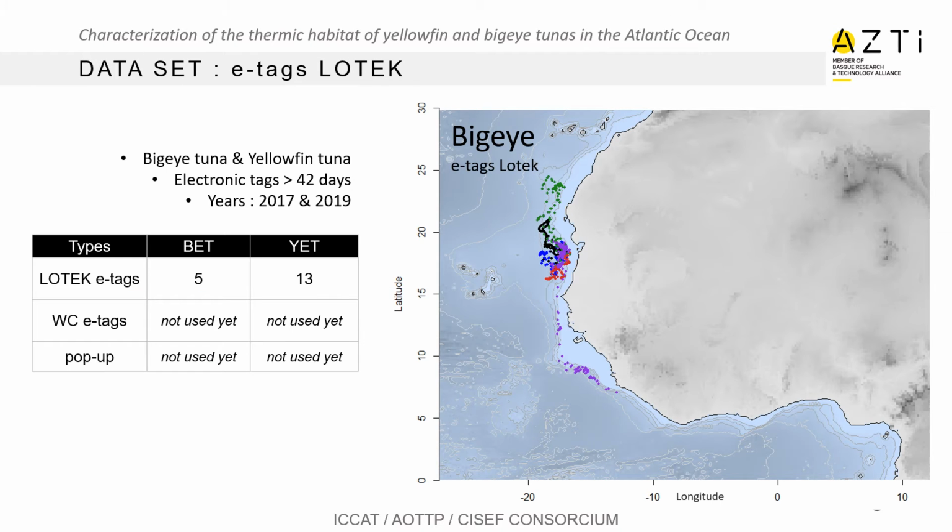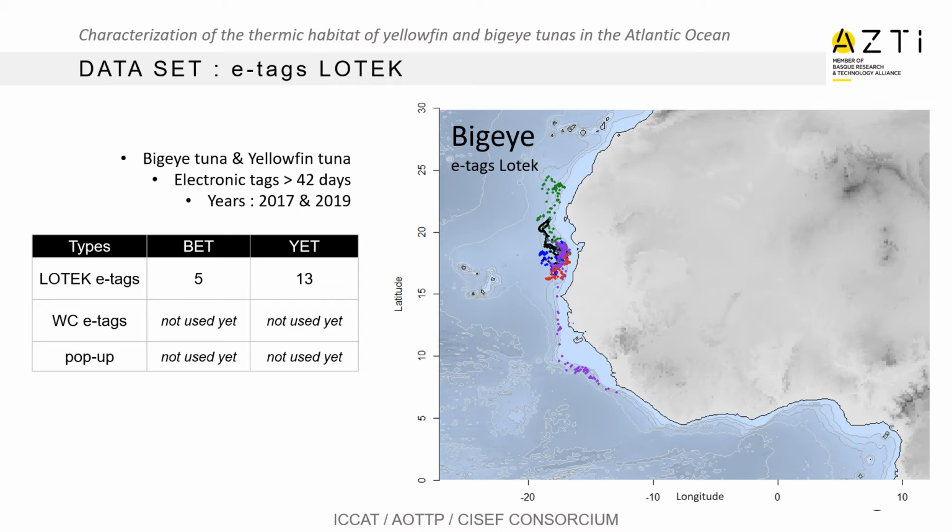The dataset that we have used is the observation from electronic tags of the AOTTP, for which we have at least 42 days of observations of tracks for each individual. And the years for which we have observations are 2017 and 2019.